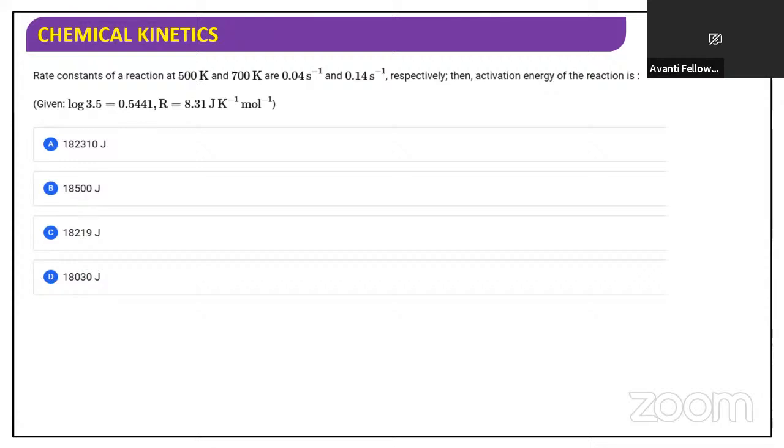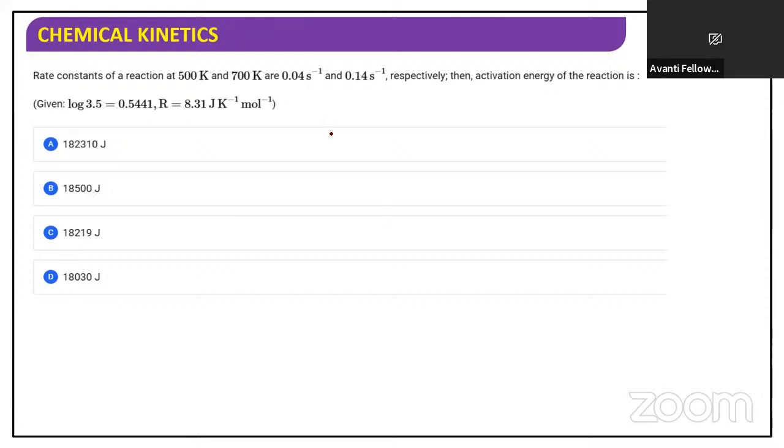So what they are asking basically, they are saying the rate constant of a reaction at 500 Kelvin and 700 Kelvin are given. Then what is the activation energy? So can anyone tell me which formula we are going to use? Basically, we are going to use the activation energy formula, right?